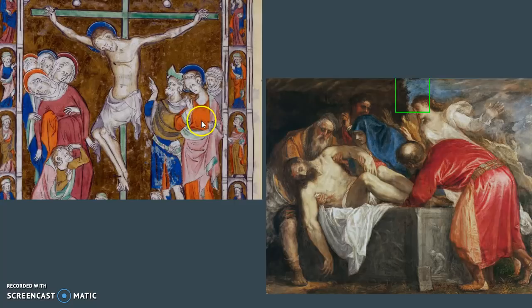There's not a lot of depth, and it is religious in nature. It is the crucifixion, and the people in here are pretty much indiscernible besides who they are. So you see Christ on the cross, and you see people looking up at him and weeping and all that. And then we look over here at the right.